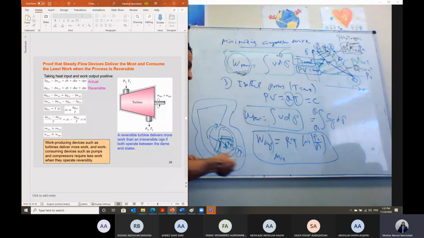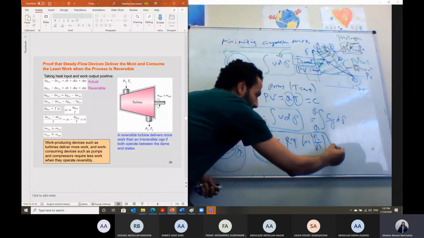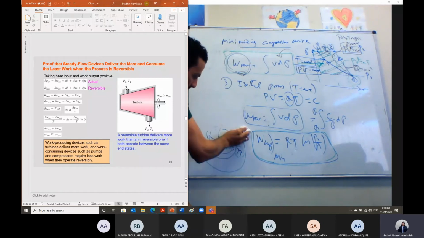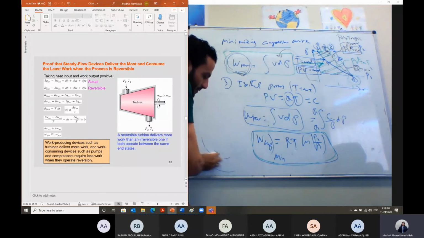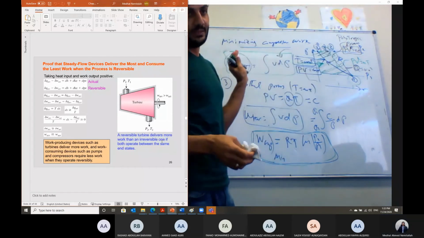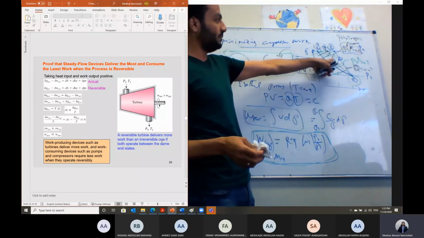So we cannot reach isothermal compression, because usually when you compress and raise the pressure, the temperature will rise. We cannot keep it constant. So is there a solution, Shabab? What do you think? We said polytropic can be done, which is in between.